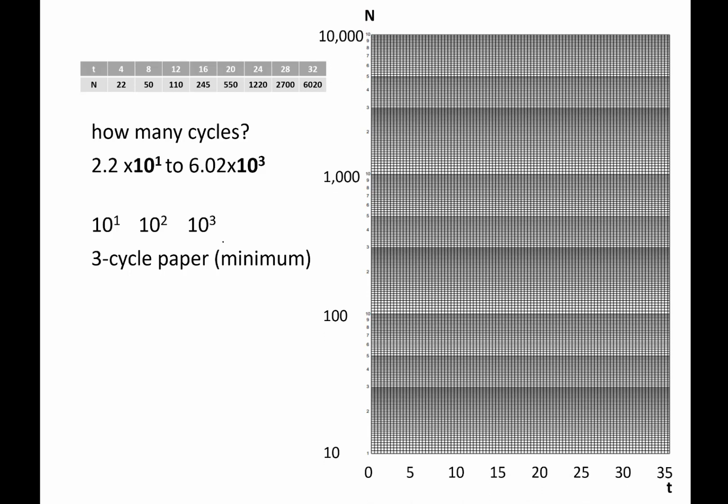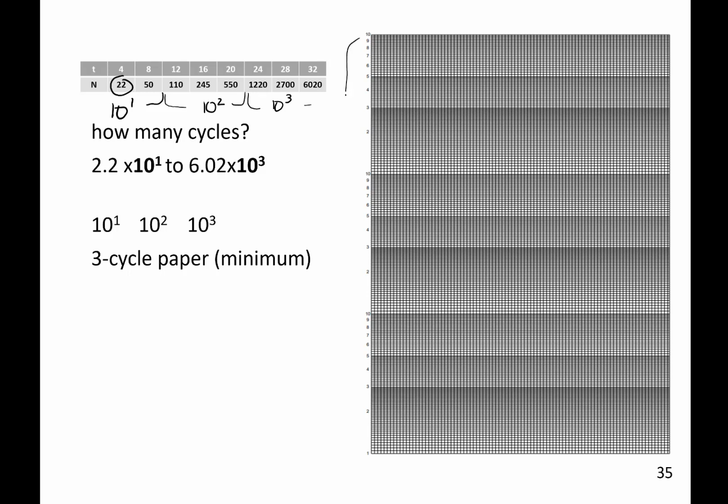Mark in my axes. So again, guys, lowest cycle is 10 to the power of 1. This will accommodate all values up to 100. Here's all my 10 to the power of 2 cycle values. And then these are all my 10 to the power of 3 cycles. So these are the 3 cycles: 10 to the power of 3, 10 to the power of 2, and 10 to the power of 1.